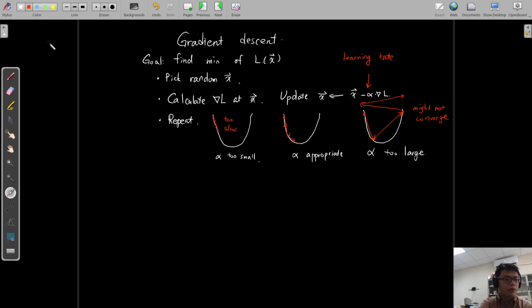And now I want to apply this to linear regression. Let's say we have a matrix. Previously, we called it x hat, right? And it is m by maybe d plus 1.